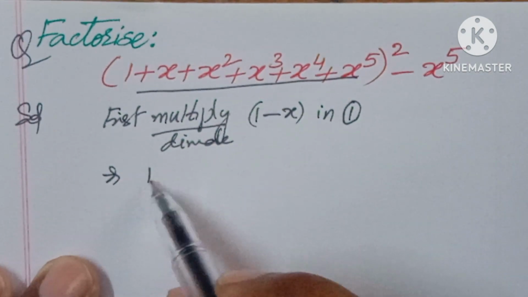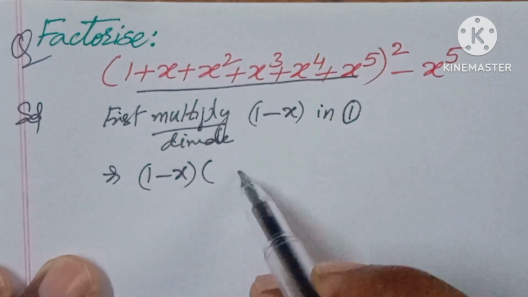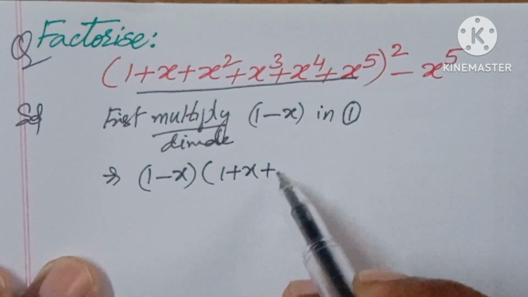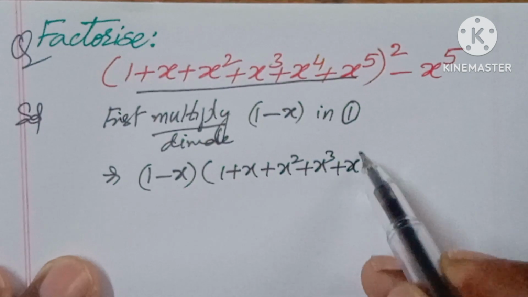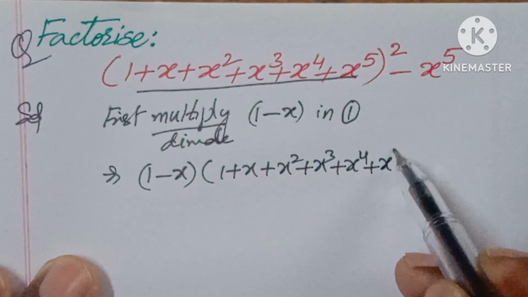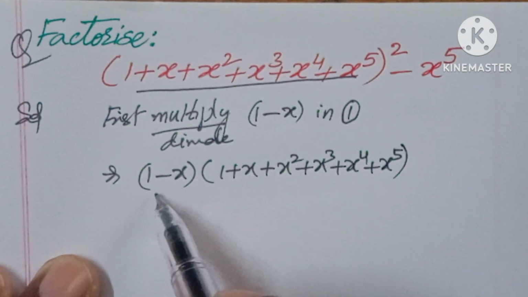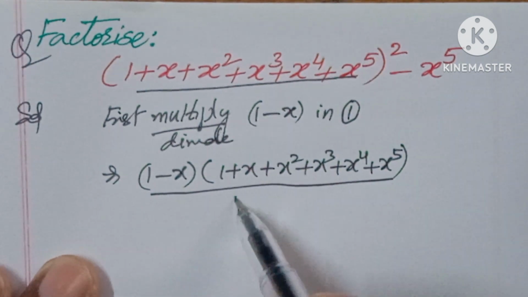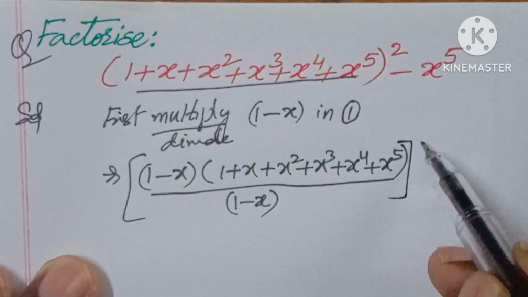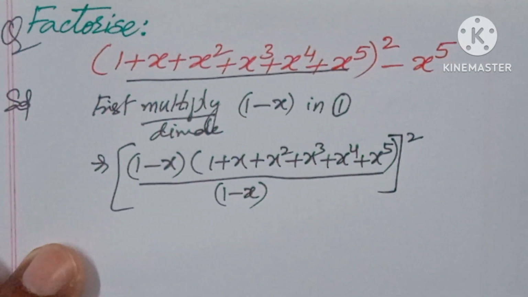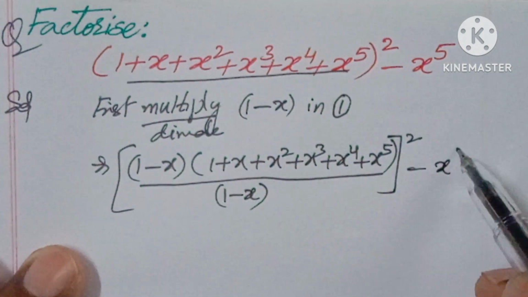So here (1 − x)(1 + x + x² + x³ + x⁴ + x⁵) by 1 − x, multiplying and dividing with 1 − x, minus x to the power of 5.